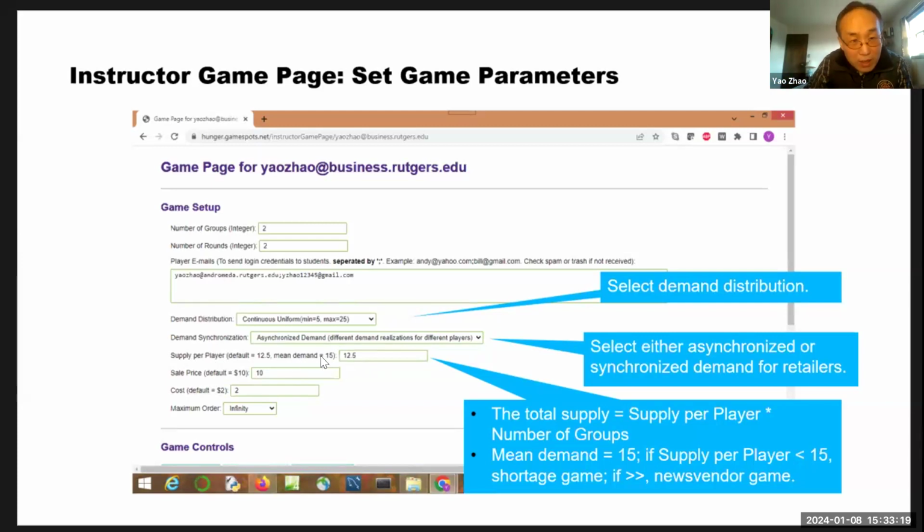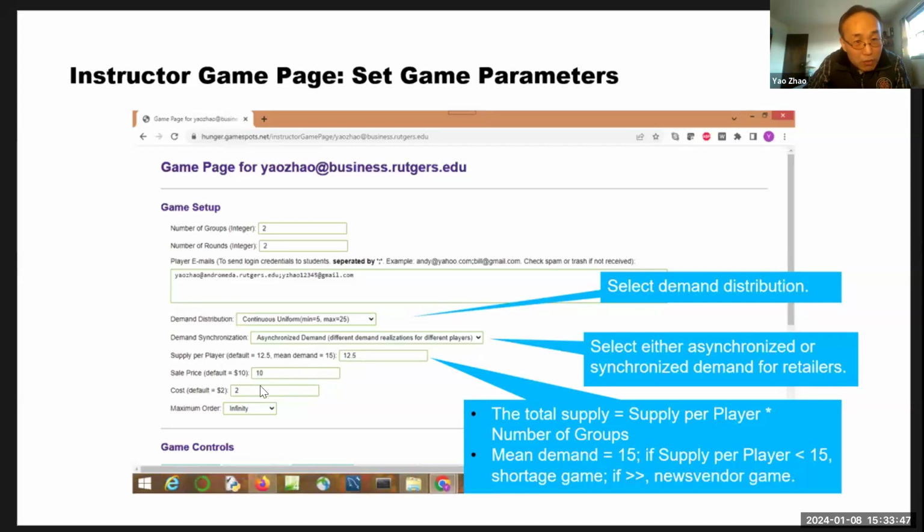But if you set the supply per player to more than 25 or more than 30, then you will have a newsvendor game because you will never be out of supply. Clearly, the smaller this number, the more shortage in the game, so you'll face more severe competition for supply.